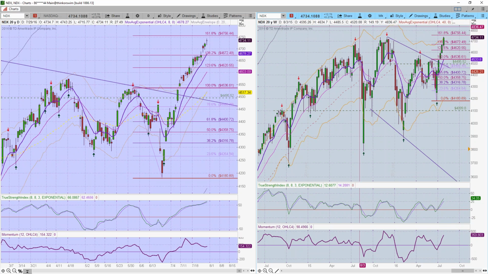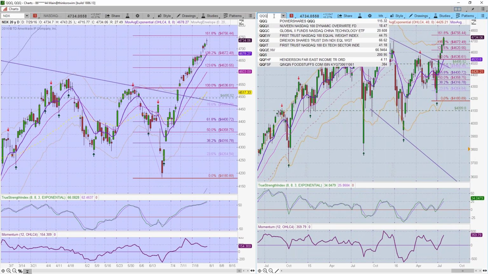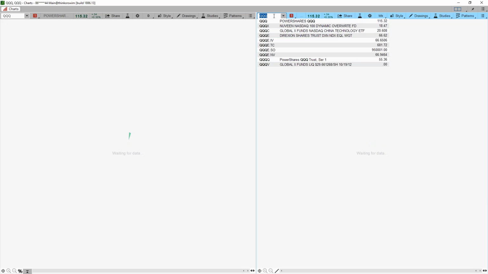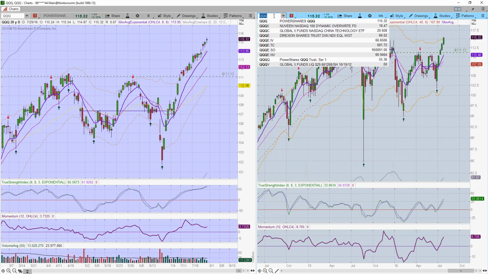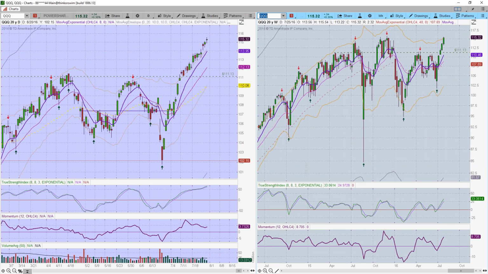Gary asked the question, is the momentum different on the QQQ? That's a great question. It shouldn't be that much different. And so here's the Qs, and as you can see, very similar over here on the daily chart, and also very similar over here on the weekly chart.